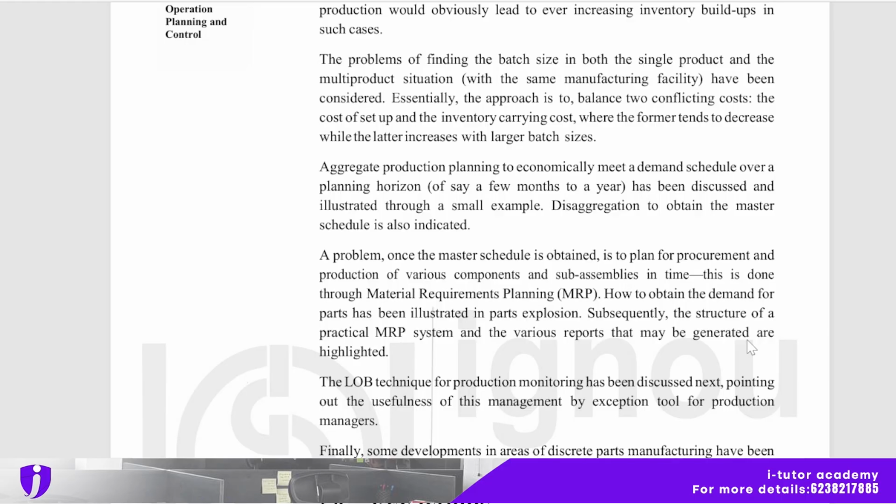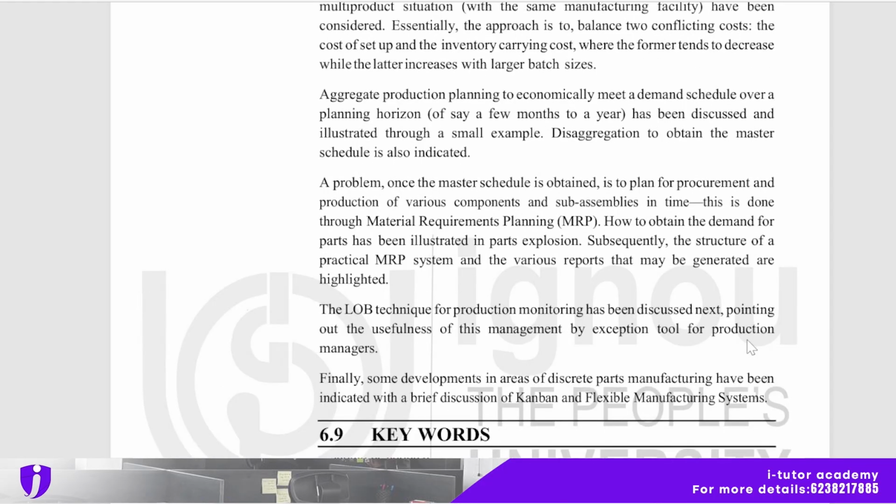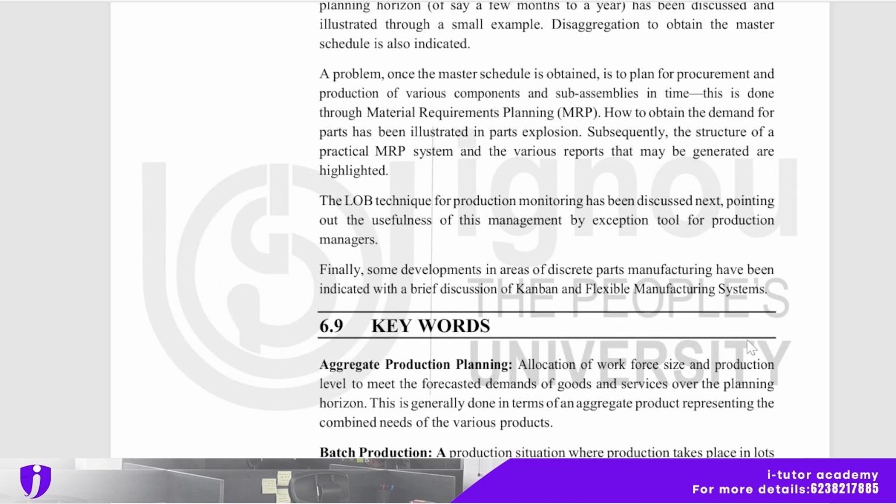Essentially, the approach is to balance two conflicting costs, the cost of setup and the inventory carrying cost, where the former tends to decrease while the latter increases with larger batch sizes. And aggregate production planning to economically meet a demand schedule over a planning horizon has been discussed and illustrated through a small example. Disaggregation to obtain the master schedule is also indicated.